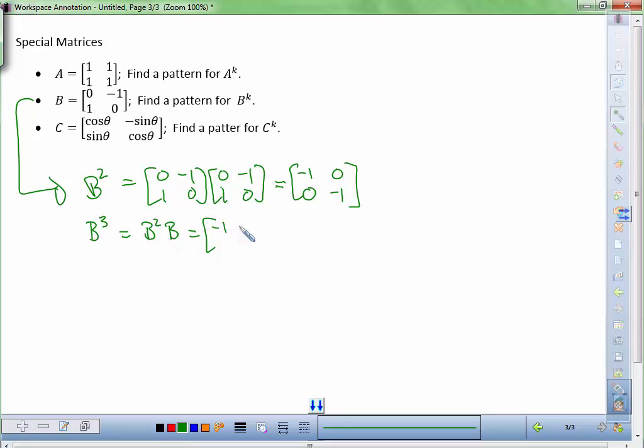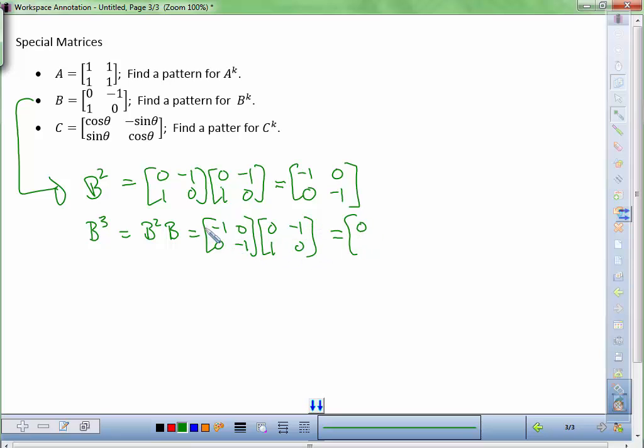So that's -1, 0, 0, -1, and b is equal to 0, -1, 1, 0. First row, first column: -1 times 0 plus 0 times 1, so that's 0.